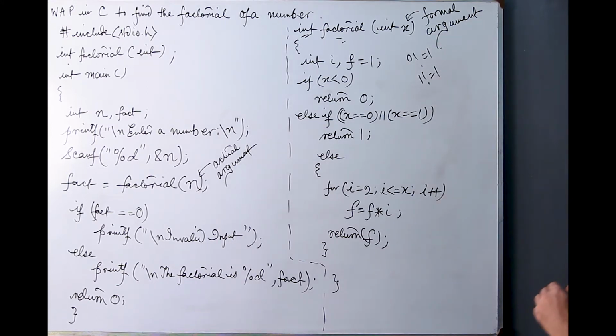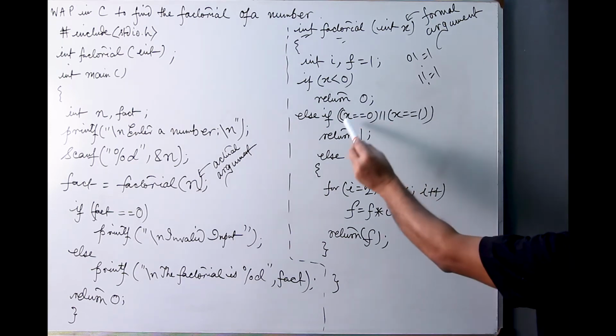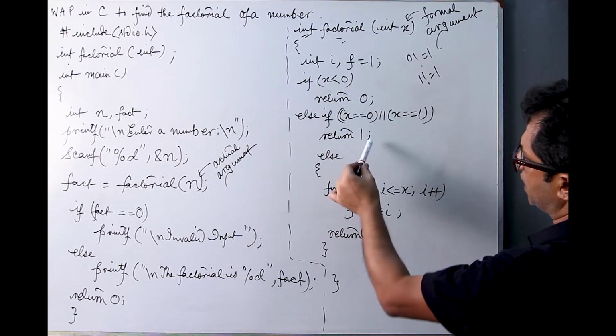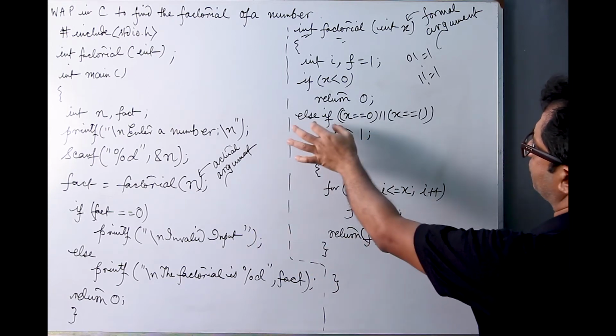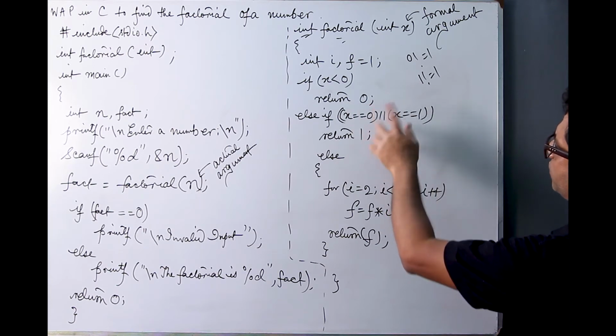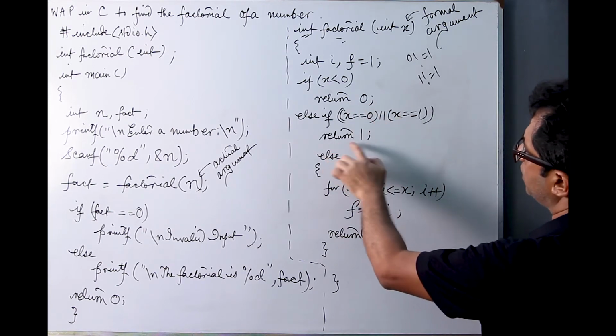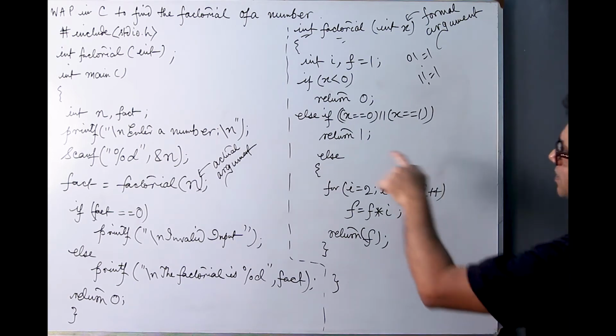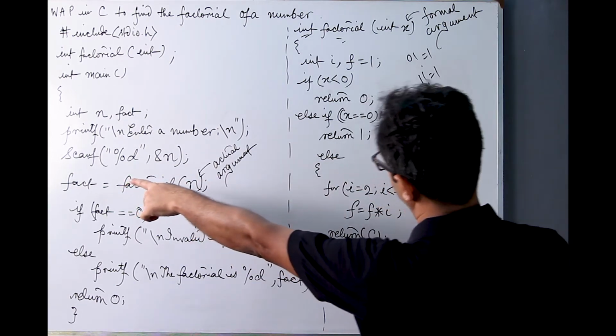So that concept is being applied over here in order to return 1 as the result of the factorial. If either of them holds, we will return 1, and it will be assigned into fact.